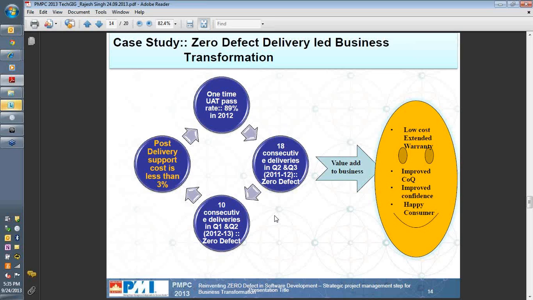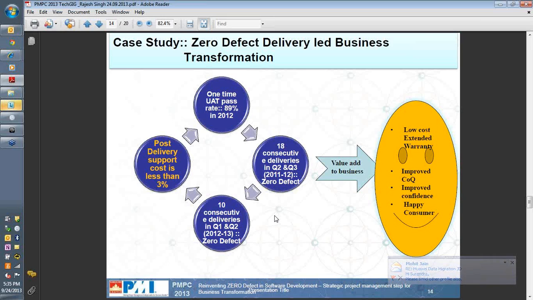Why I'm saying these milestones are important is the post-delivery support cost. We say that after development there must be a maintenance team, so we always ask what the size of the maintenance team should be. Basically, we take a gut feeling and say that if the development team was 10 members, I must have 30% for my maintenance team. But that's just a gut feeling.